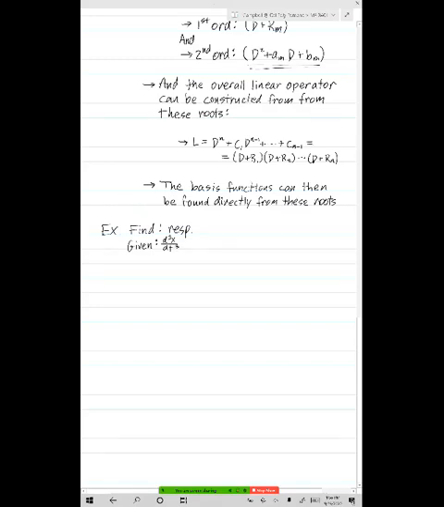So I'll just go to a third order. So we'll have d cubed x dt cubed plus 3 d squared x dt squared plus 4 dx dt plus 12 is equal to 0.